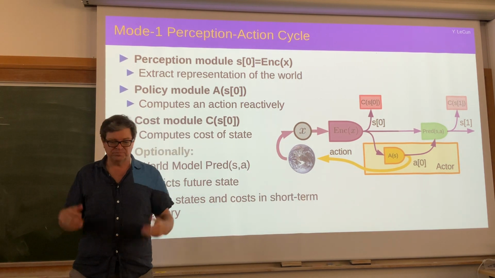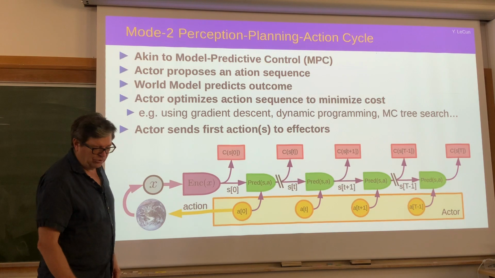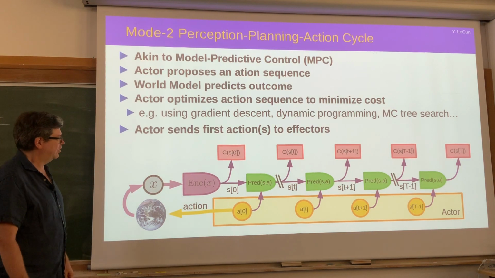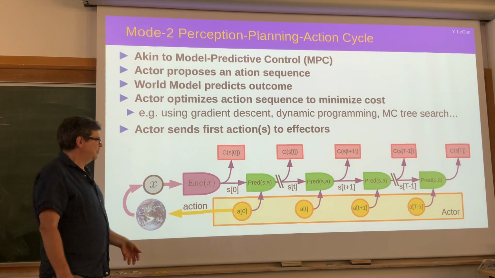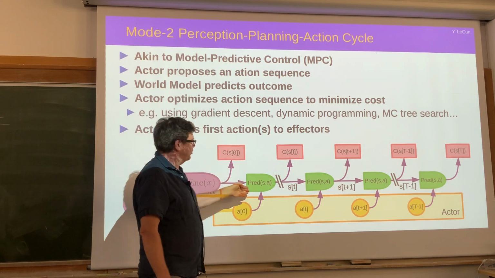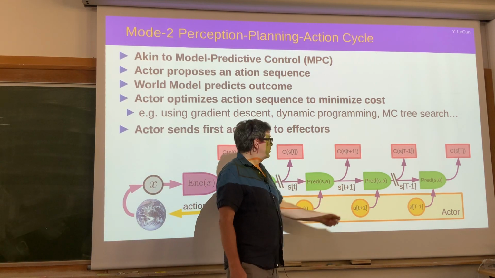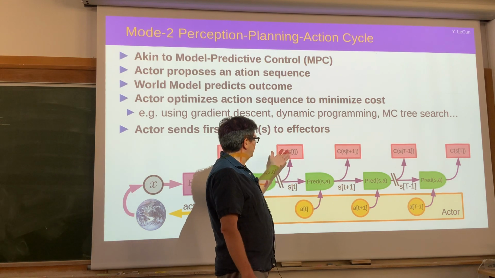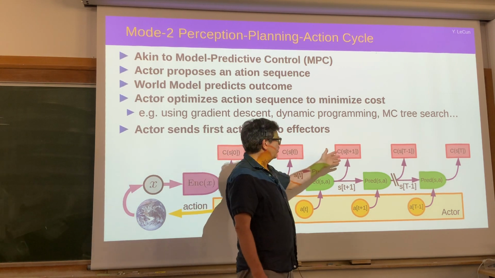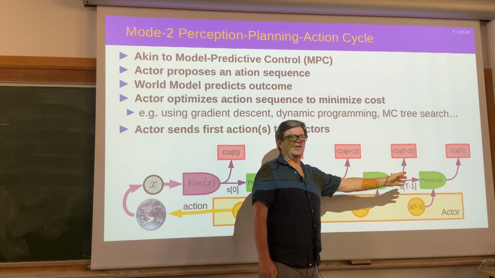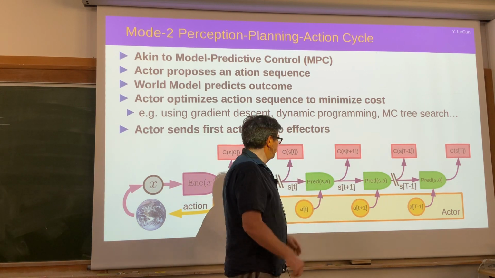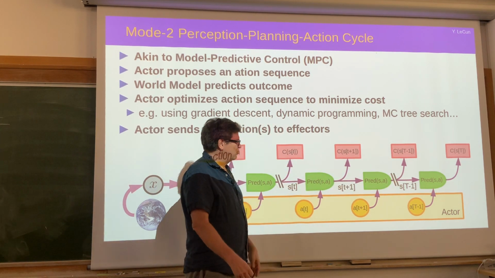And then there's mode 2, which I explained initially in the first lecture, where you use your predictive model of the world to predict what's going to happen if you take a particular course of actions. And then internally, you have a cost module that can compute the cost of the predicted state. And so you can adjust through optimal control.